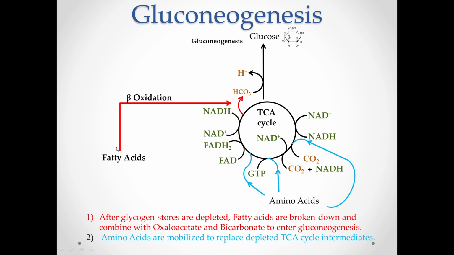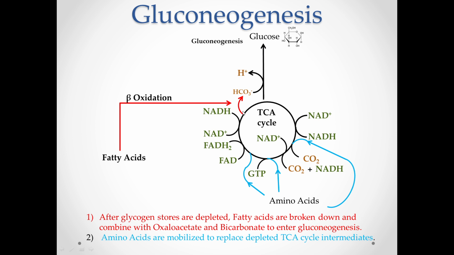And so here's another diagrammatic reiteration of what I just discussed. Free fatty acids are broken down in a reaction called beta oxidation. The final molecule of beta oxidation is acetyl-CoA, which then pulls off a citric acid cycle intermediate, combines it with bicarb, and creates glucose.